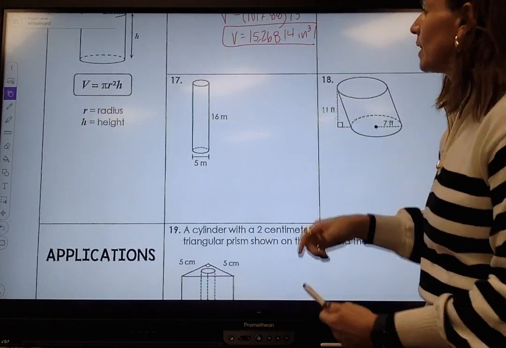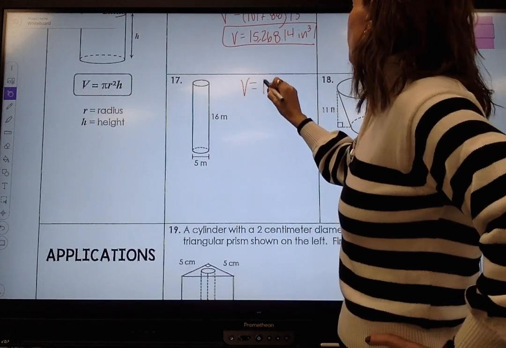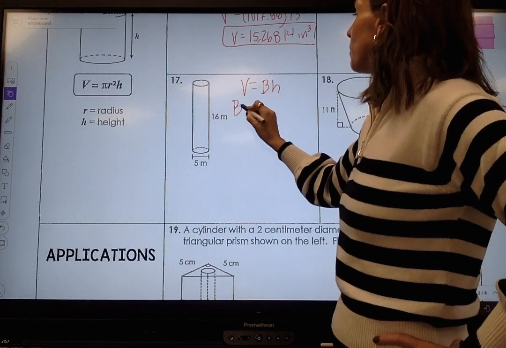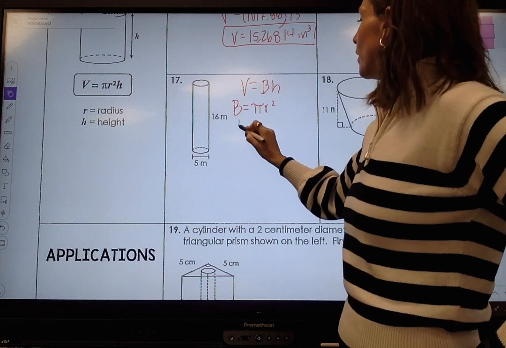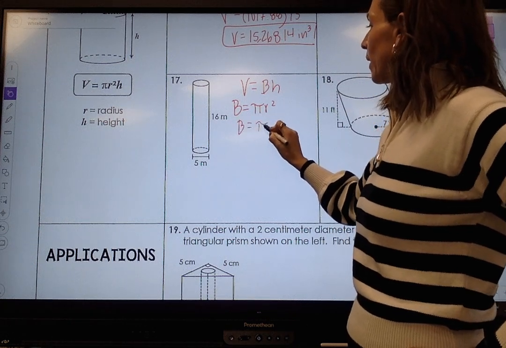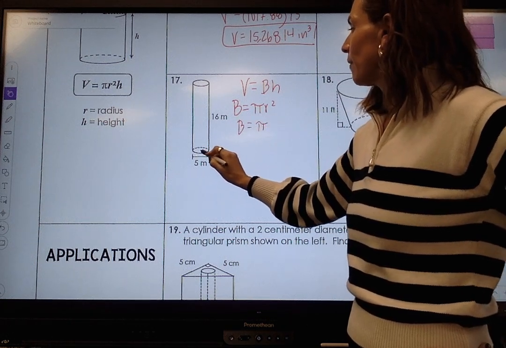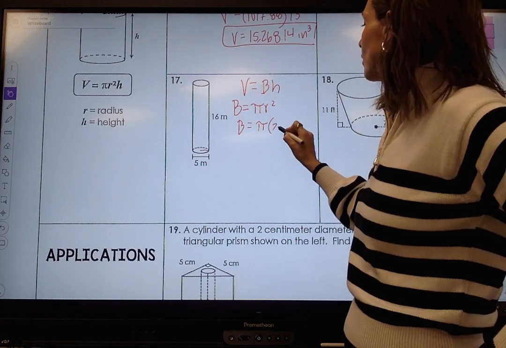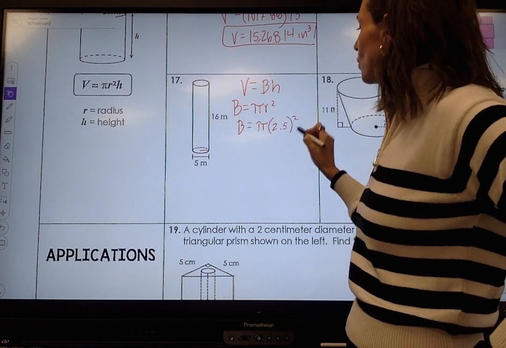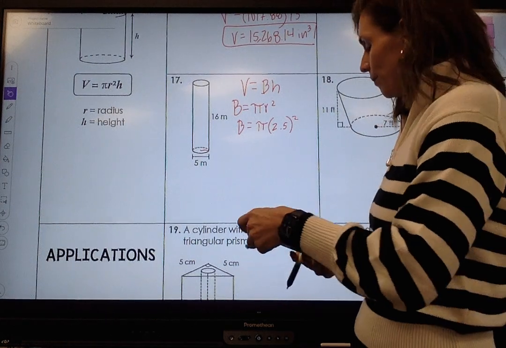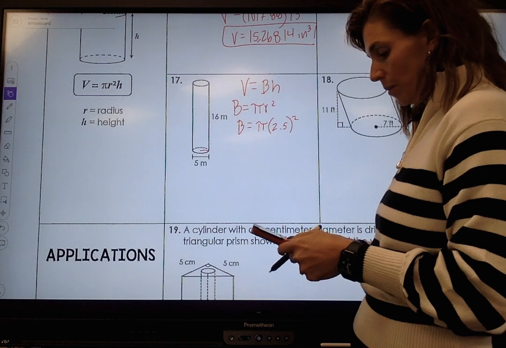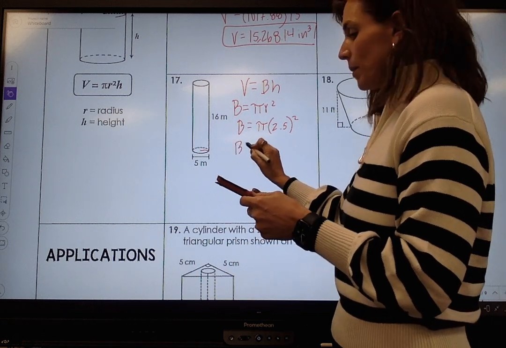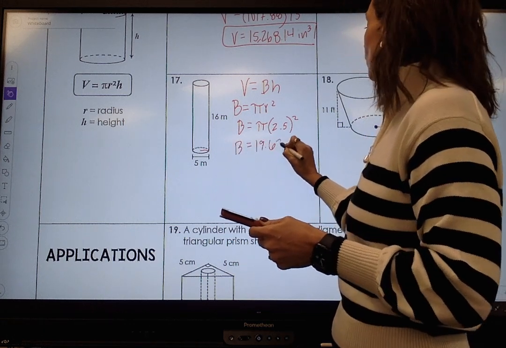All right, 17, volume is big B times H, but in this case, big B stands for pi r squared. So I know that my diameter is 5, so my radius is half of that, so it's 2.5 squared. So now I'm going to take 2.5 squared times pi, and I get big B is 19.63.